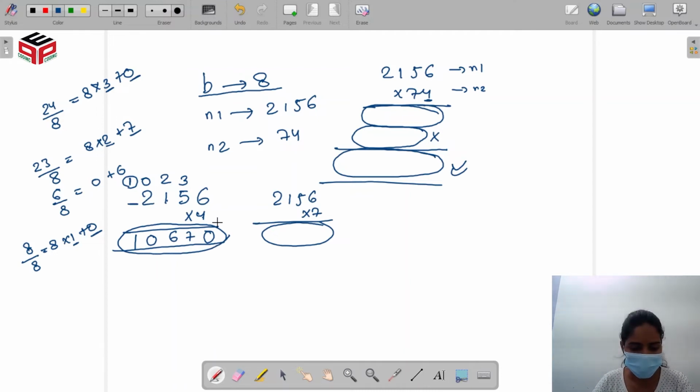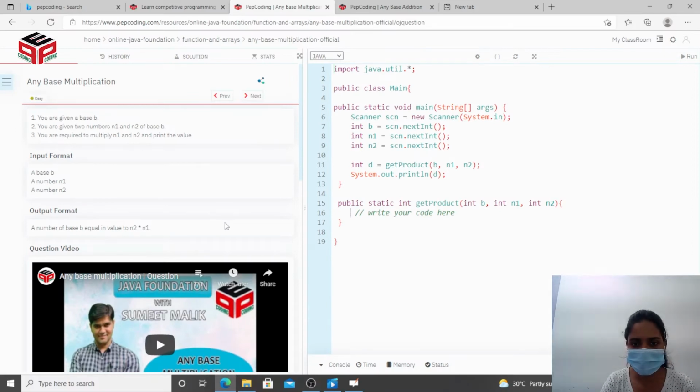So let's try to code. Instead of writing this function, I'm going to create another function which will give me the result of the number when multiplying with a single digit. So public static int getProductWithSingleDigit.